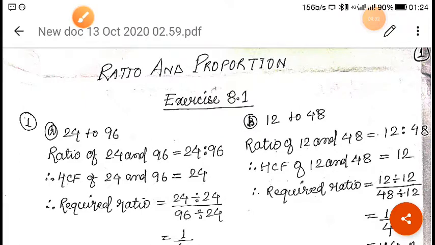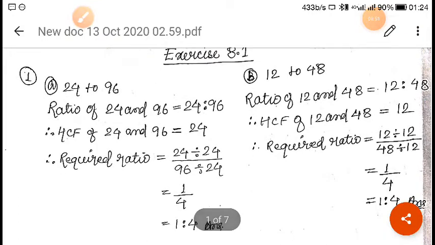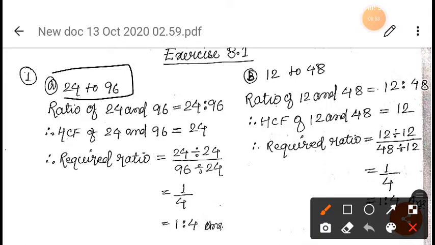I hope you have got the idea of what a ratio is. Now we will do the exercise questions. We will see exercise 8.1. In exercise 8.1, the first question is to find the ratio of the following. So we have to find the ratio between 24 and 96.